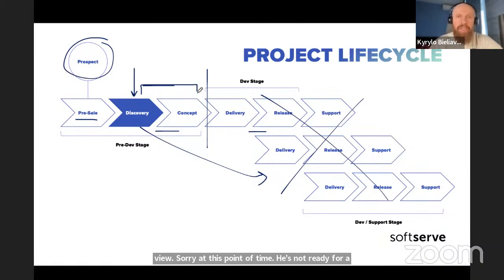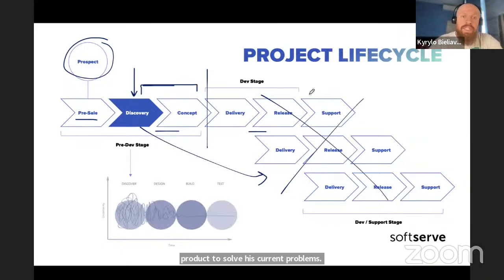Or maybe it is better not to develop something from scratch, but rather buy something off the shelf, or use an already existing product to solve his current problems. In any case, the discovery stage is aimed to minimize the uncertainty, because at this point there is really a lot of uncertainty.